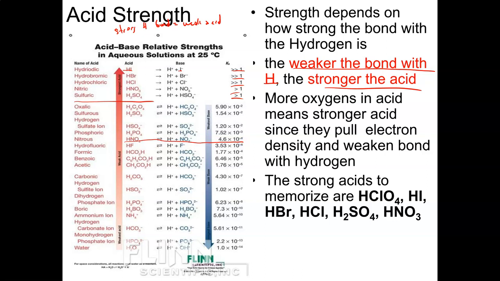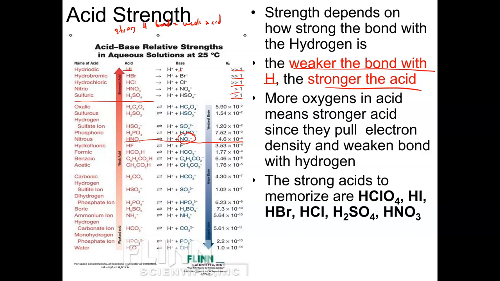That's a pretty weak acid, right? Because anytime your K is less than 1, you assume it's weak, whether acid or base. So in this situation, because this K is small, you can assume the NO2 minus is a stronger base. So weak acids have stronger conjugate bases.